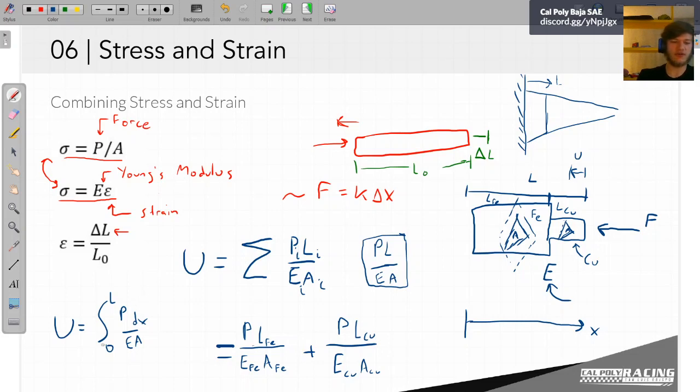There are 100 different ways you can describe this equation that might work better in different scenarios, but ultimately this is what we want to end up with, that U is just the sum of all of these forces divided by areas times the length divided by whatever that spring constant is, that Young's modulus here.